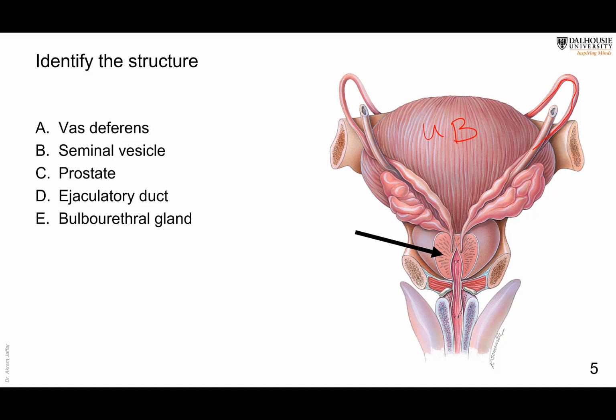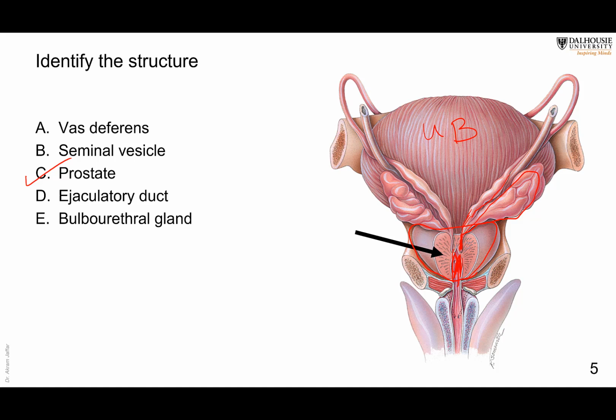You can see here that the vas is distended to form an ampulla of the vas, which joins the duct of the seminal vesicle to form the ejaculatory duct. And the ejaculatory duct on either side passes through the prostate gland. So this is the prostate gland containing this part of the urethra, which is called the prostatic urethra. So it is the prostate.